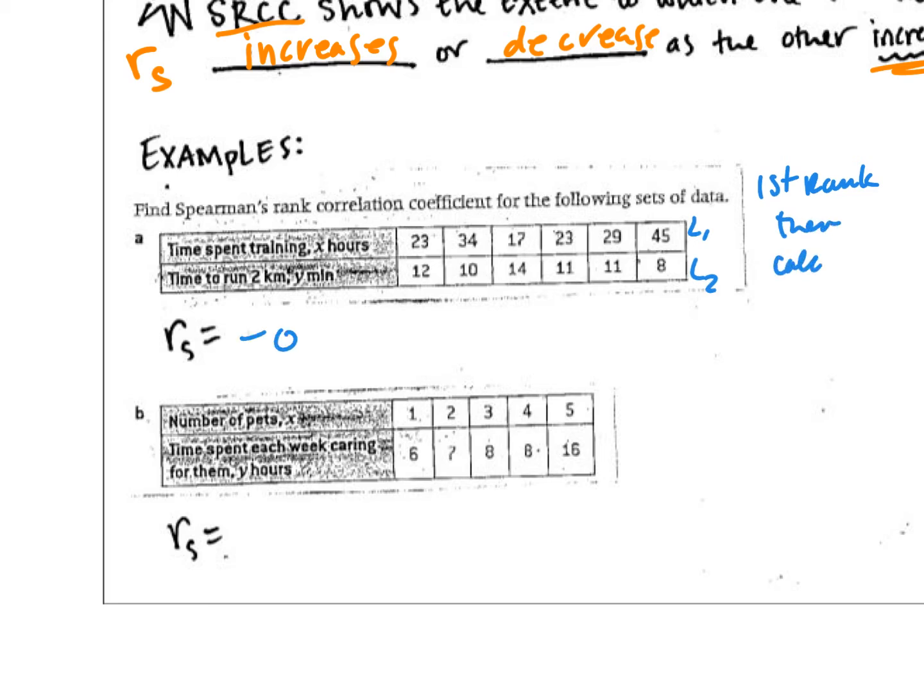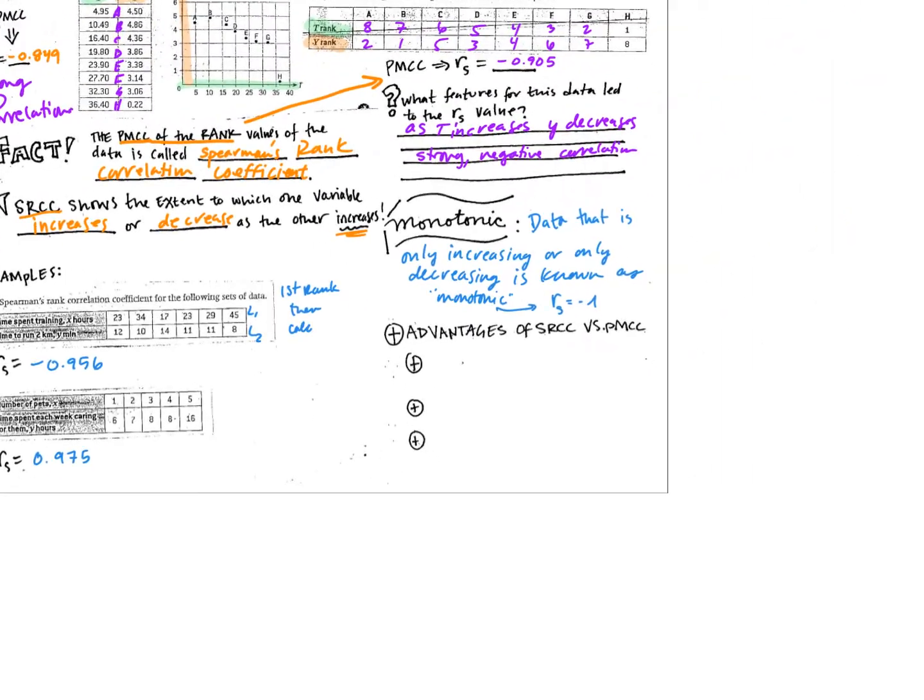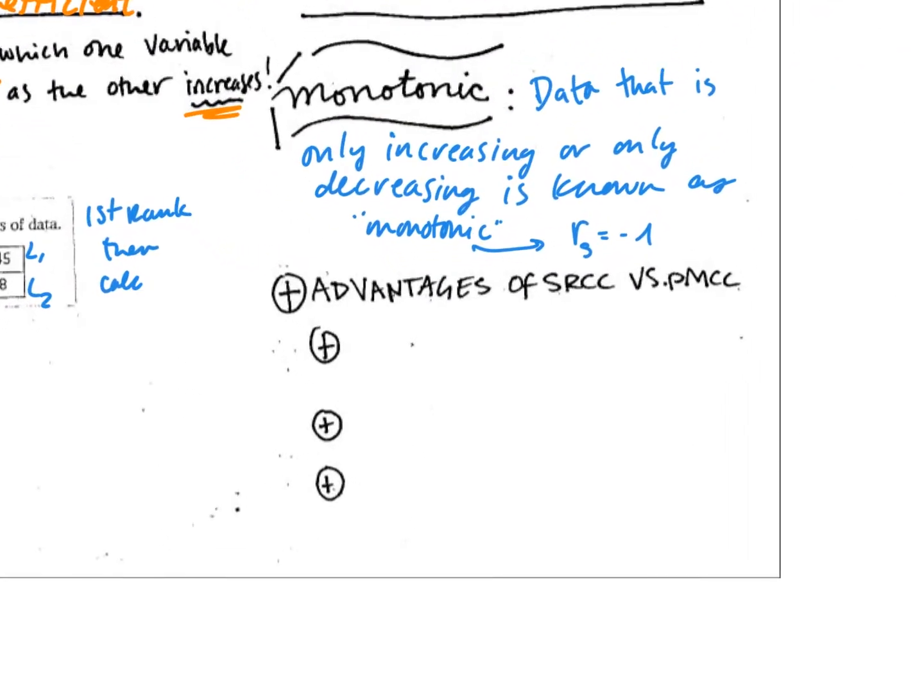So I got -0.956. For the pets and time spent each week, I got positive. Check your numbers, they should be in the book. I forget what page, I'm sorry.